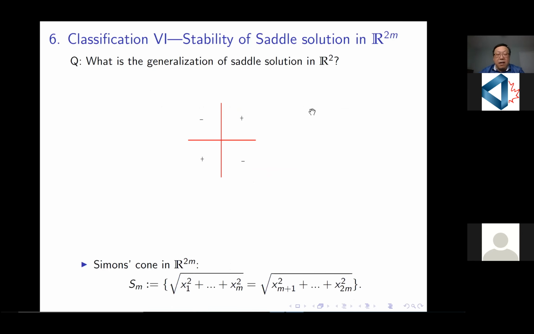Okay. So the natural generalization in high dimension is also called Simon's cone. So what is Simon's cone? Simon's cone is this: you take R^2m, you look at the first m radial coordinate, and you look at the last m radial coordinate, and the Simon's cone is a cone so that the first m radial coordinate equals the last m radial coordinate.